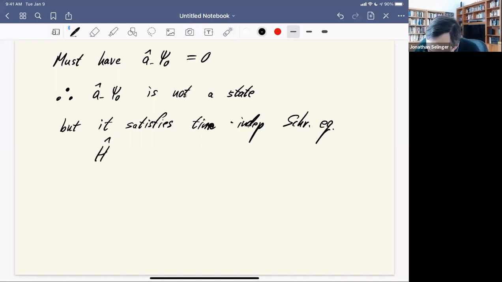The Hamiltonian acting on A minus psi zero is just the Hamiltonian acting on zero, which is zero. So it's a trivial solution.